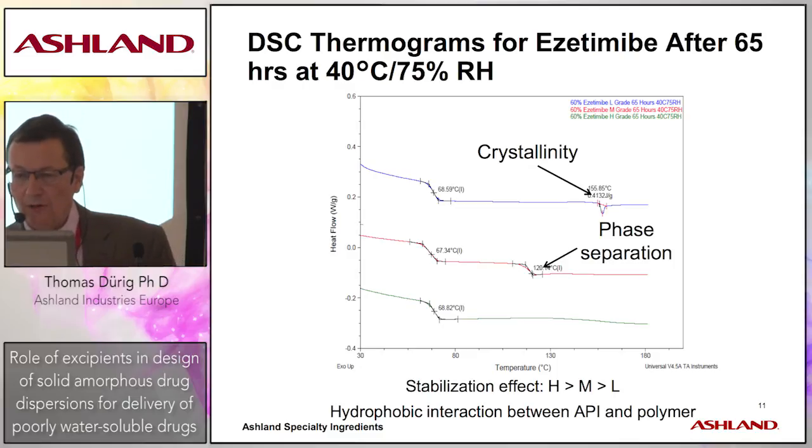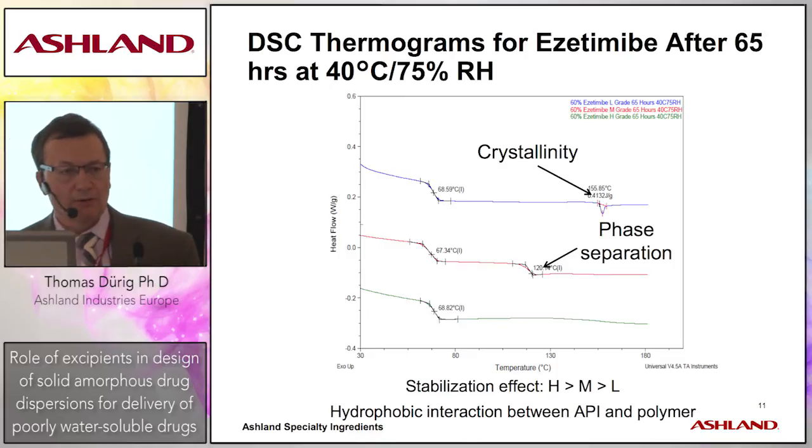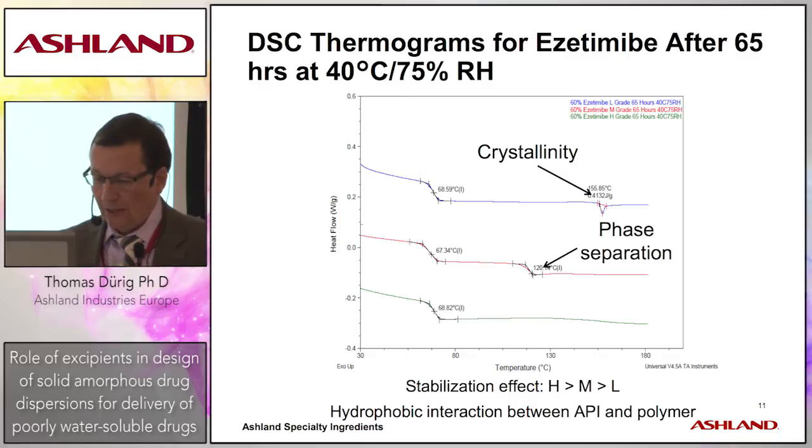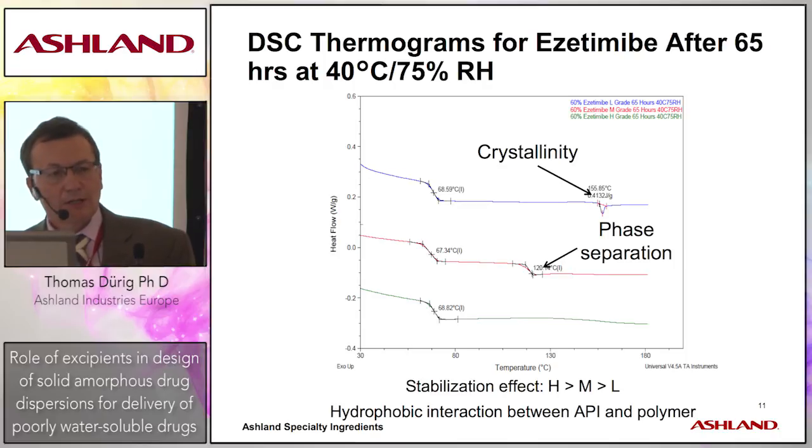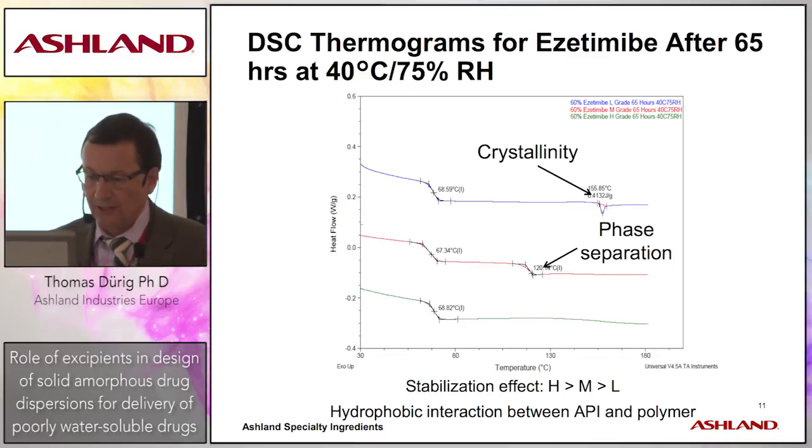On the other hand, our grade H, the green line here, so the formulation where we use the H grade, shows that after the time has elapsed, we still have the same amorphous dispersion. There's just one glass transition temperature roughly at the point of the Ezetimibe. So no phase separation. So while there's no recrystallization, this red line also tends to indicate a less stable state, because once you have phase separation, usually in some subsequent time period thereafter, you should expect recrystallization.